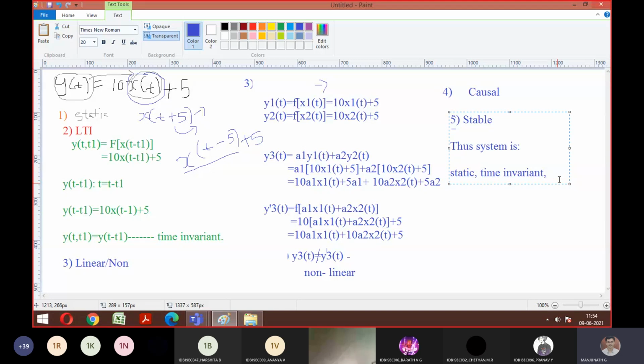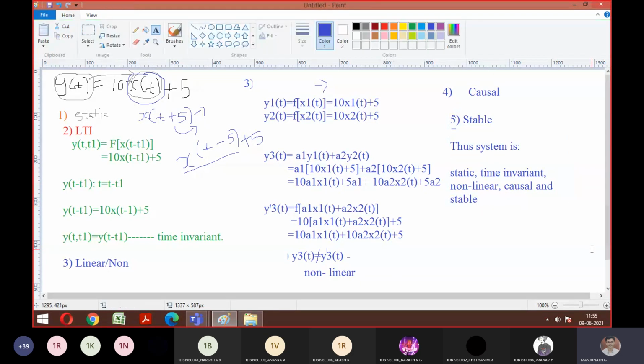So be careful. You just need to stick to the procedure we have just finished. Is that okay to everyone? So linear, causal and the system is stable. This is the final answer you're supposed to write. The problem, how we analyze all the 5 properties, and the conclusion. This will completely give you 10 marks.